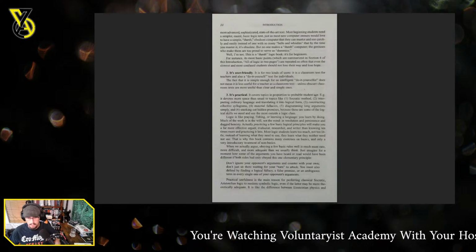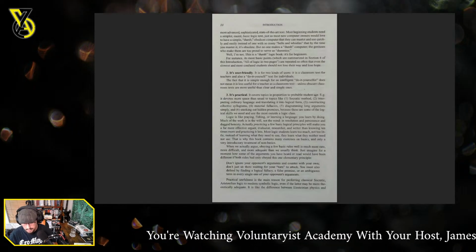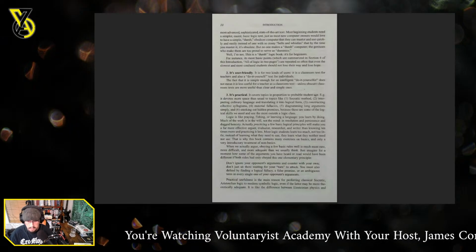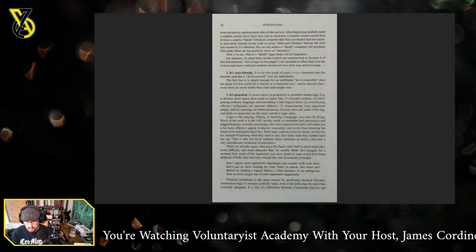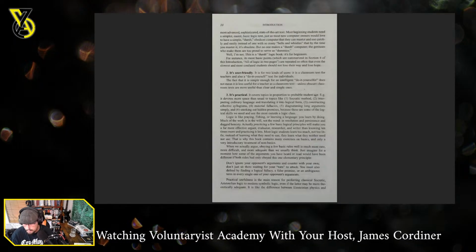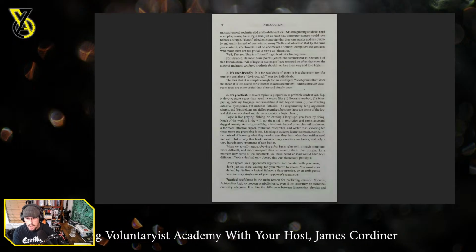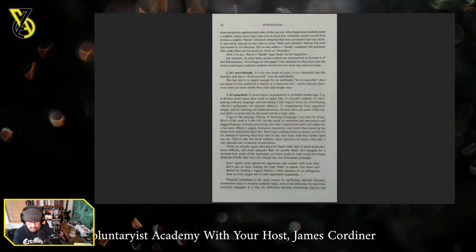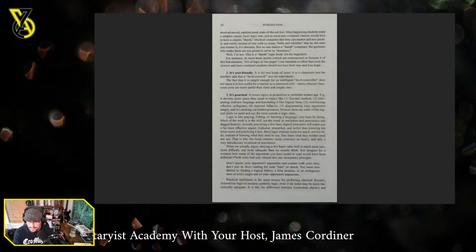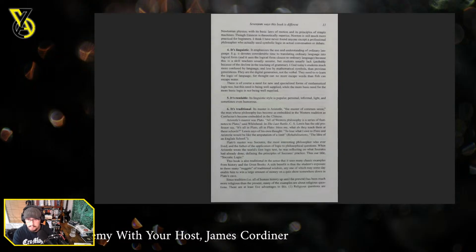Practical usefulness is the main reason for preferring classical Socratic Aristotelian logic to modern symbolic logic, even if the latter may be more theoretically adequate. It is like the difference between Einsteinian physics and Newtonian physics, with its basic laws of motion and its principles of simple machines.